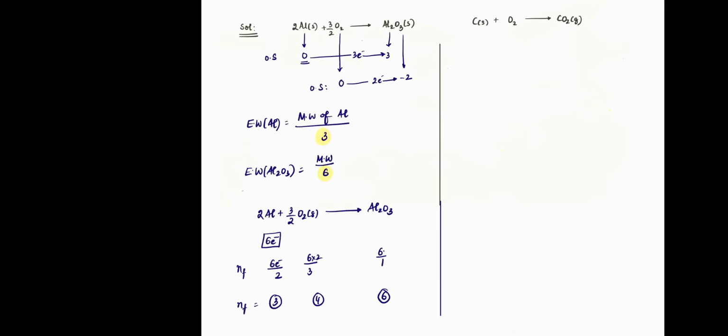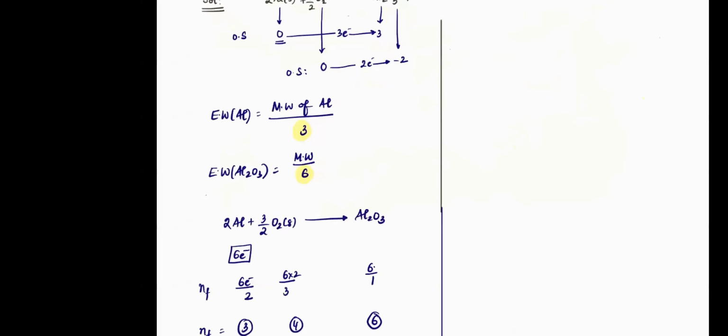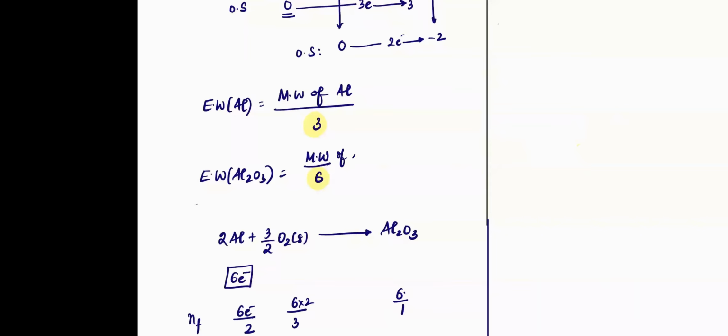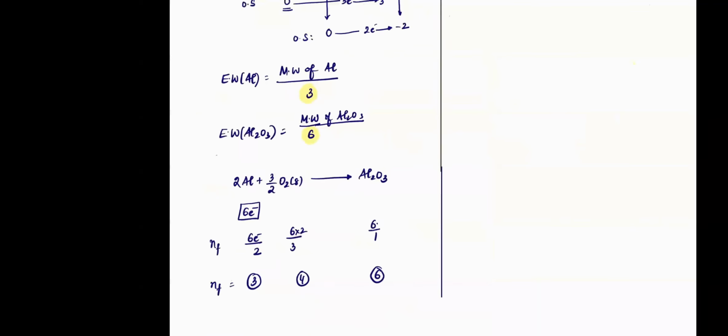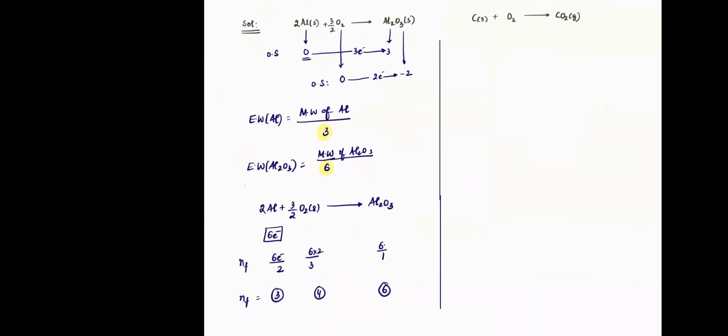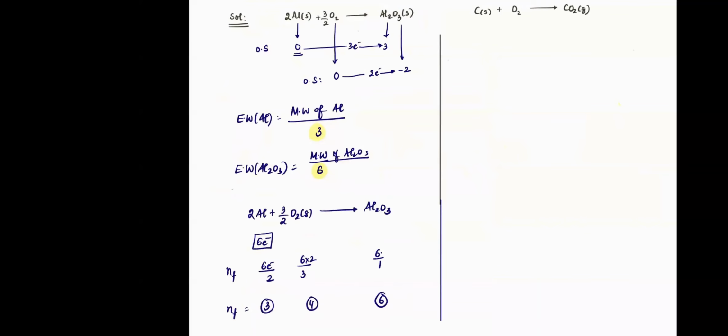If you know it for one, for the rest of them you can calculate easily. Okay. So molecular weight of Al2O3 by 6. Shall we go ahead, everyone?